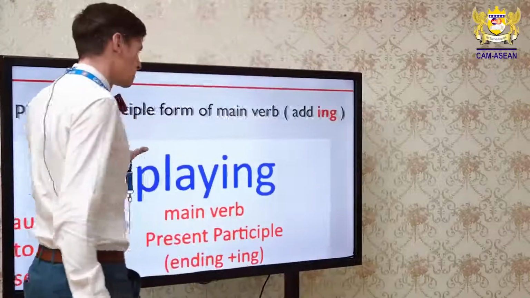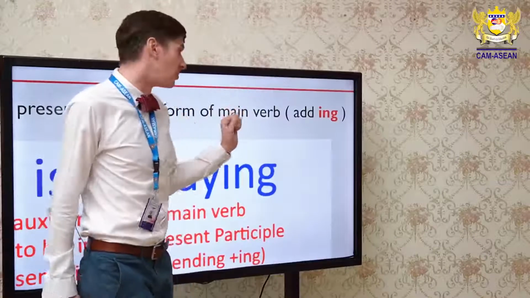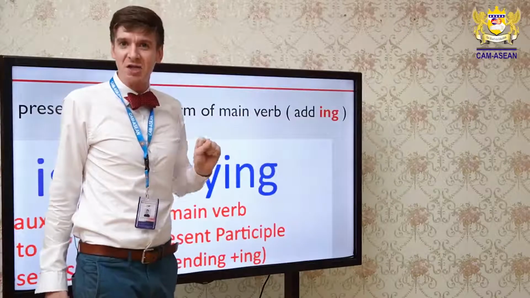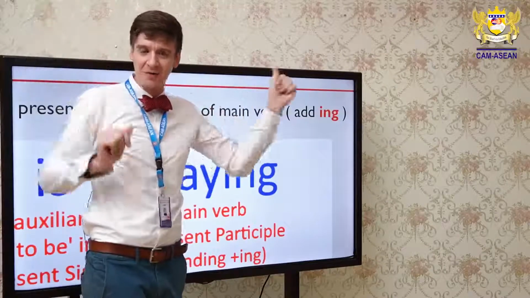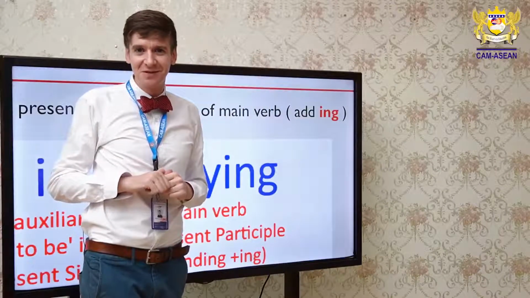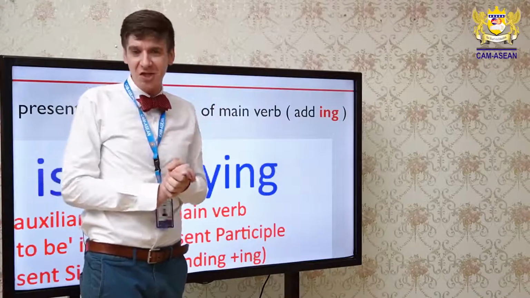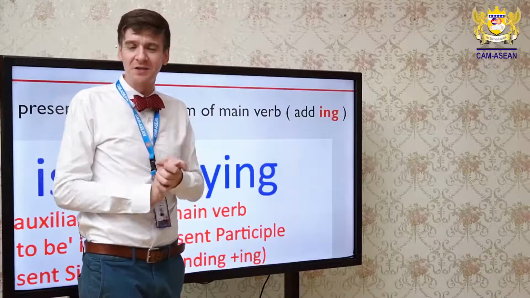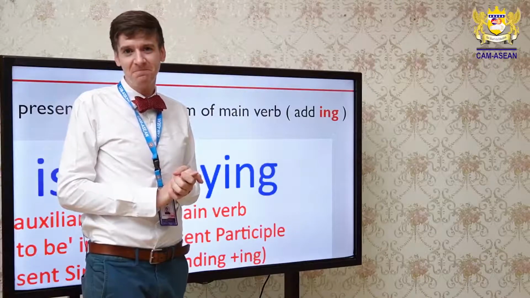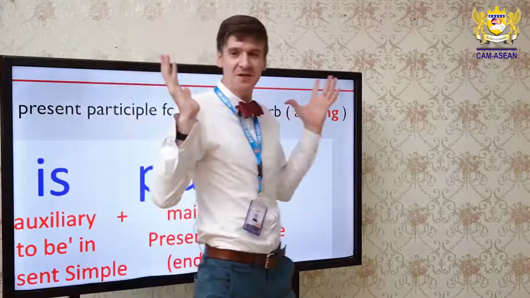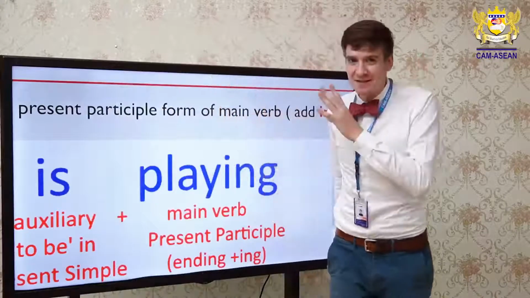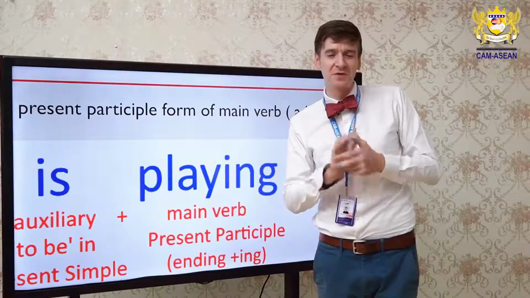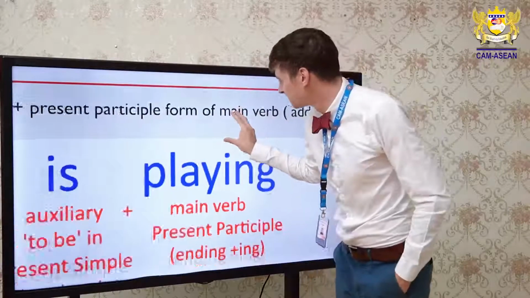The present participle form of the main verb, we can change to that form by adding ing. That's our alarm. That's our signal. If we see ing in a verb, we know it's continuous. That's the secret for continuous forms of tenses.